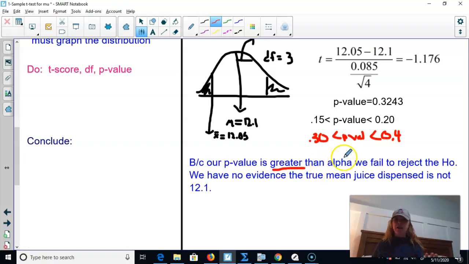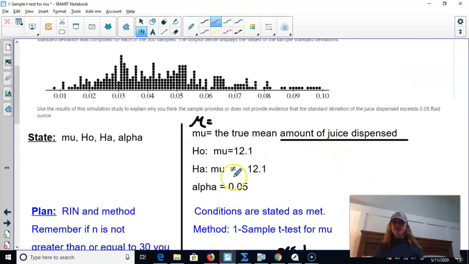In this case, it's greater than alpha. We fail to reject or reject. In this case, we fail to, because it's greater, the H0. We have no evidence, so you'll either have evidence or no evidence, that the true mean, fill in, this is Ha in context. Ha in context is the true mean amount of juice dispensed is not equal to 12.1.